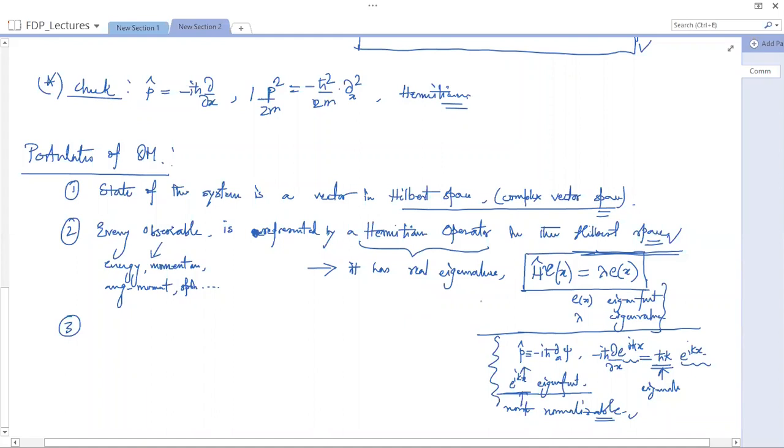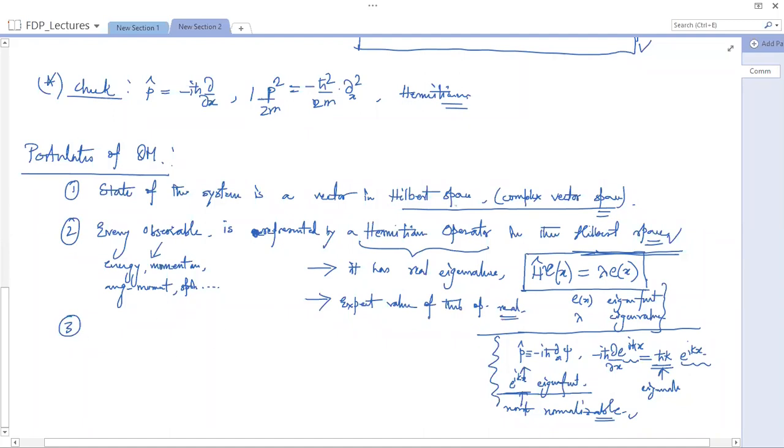So a Hermitian operator has real eigenvalues, and the second thing is that the expectation value of this operator is real. What is the expectation value?